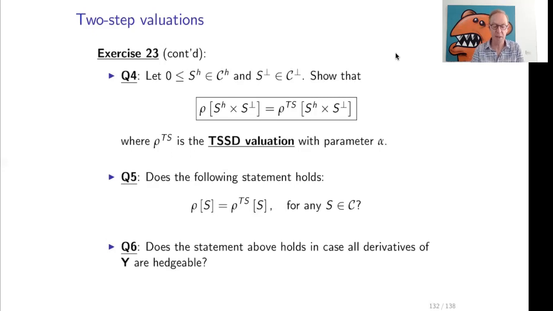The question is, does this equality also hold for any claim? So is the rho that we defined on the previous slide the same as the two-step standard deviation valuation for any S? The answer will be no.